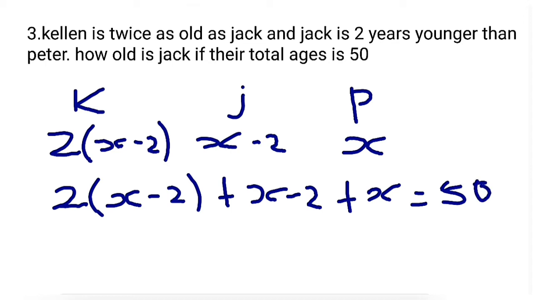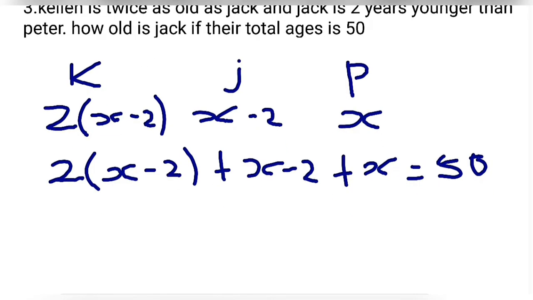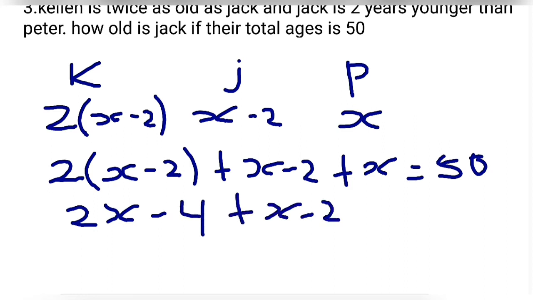So we are going to open the brackets for Kellen, and that will give us 2x, 2 multiplied by x, then minus 4, plus x minus 2, plus x equals 50.